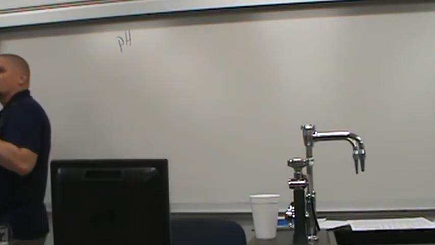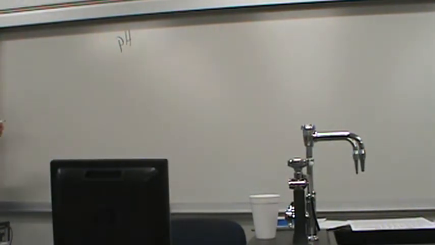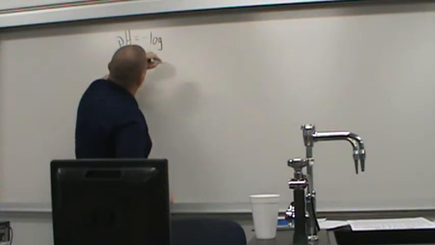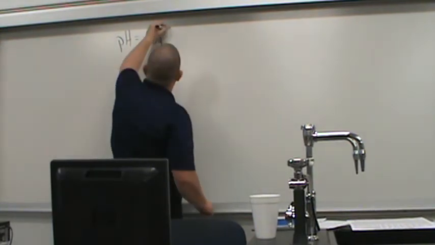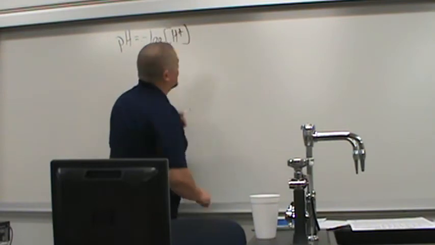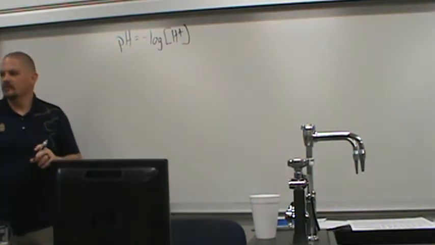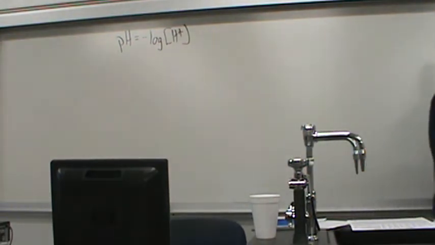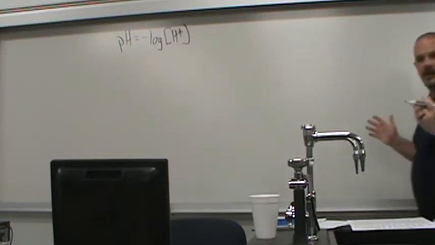It's actually just a formula. pH is equal to the negative logarithm of the hydrogen ion concentration. So if we know what the hydrogen ion concentration is and we put it into this formula, it's going to kick out just a number. Okay? No unit with it, just a number. And we call it the pH scale.